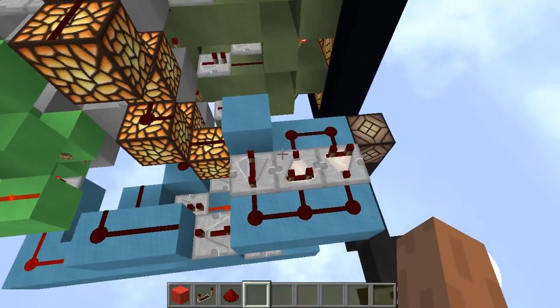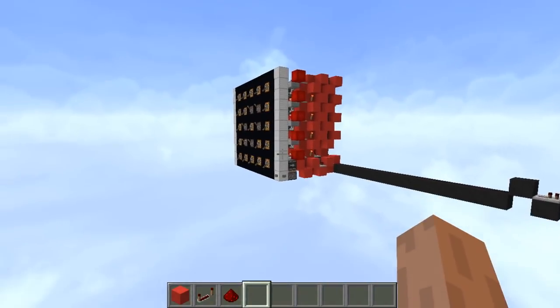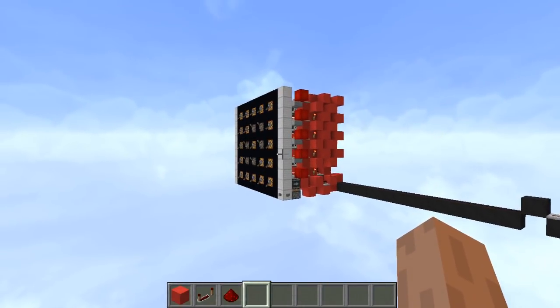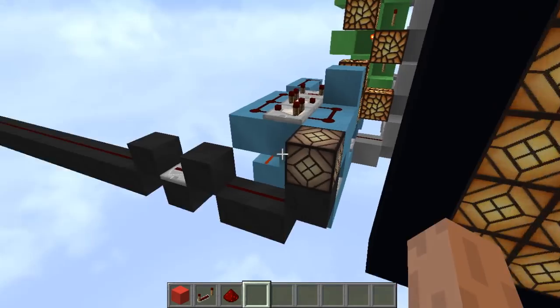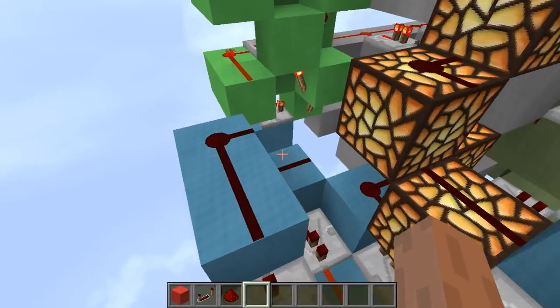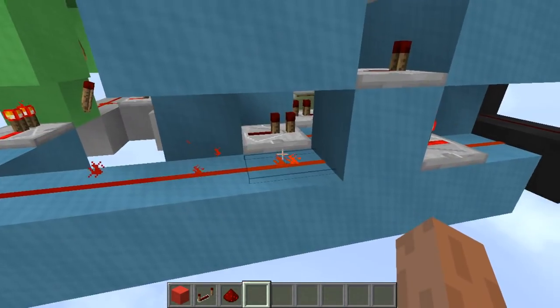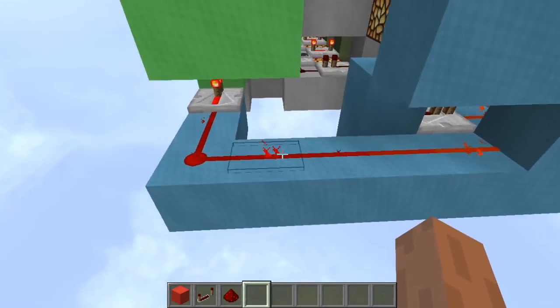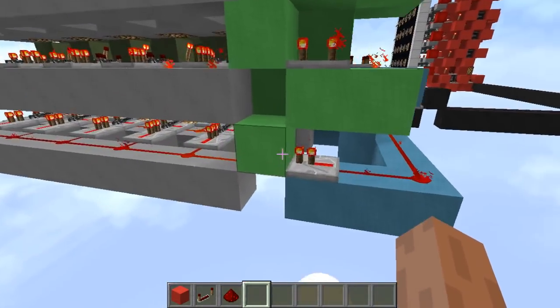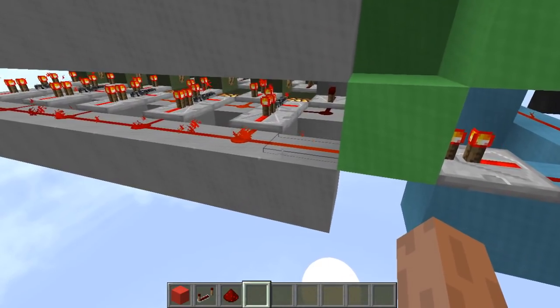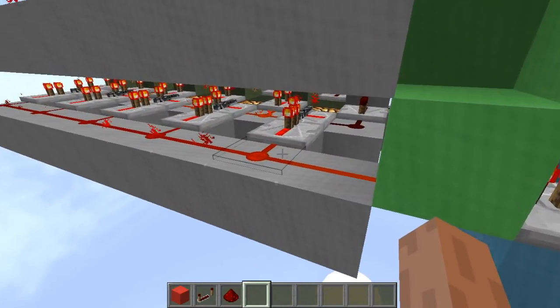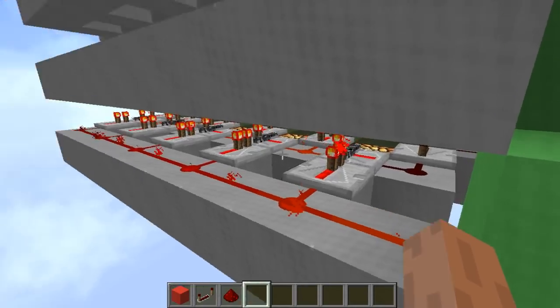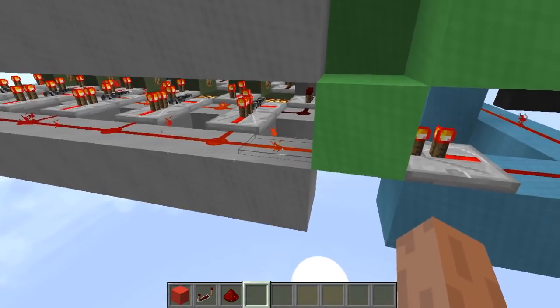So what I do here is I let the whole 5x5 panel come, which means all the 25 bits come through, and here we create, I don't even know where it's happening, we create a 5-tick pulse. The 5-tick pulse will enable this line, or said another way, it will unlock the repeaters for 5 ticks and lock them again.